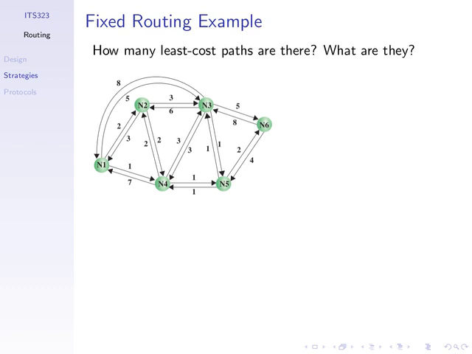Look in the database. I need to reach node 6. The least cost paths tell me to send to node 6. The next node is node 6. Node 5 delivers to node 6. Node 6 receives the packet, looks at the header, realizes I am the destination of this packet. Let's process the data, consume the data. We've reached the destination.